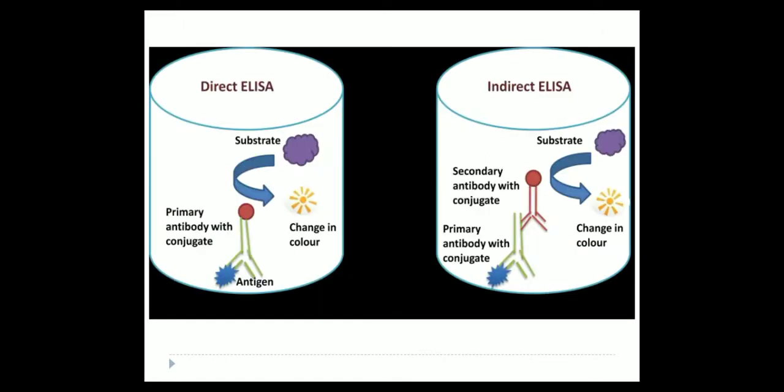Now let's see the comparative study of direct and indirect ELISA. In direct ELISA, as you can clearly see here, the antibody bound with the enzyme directly binds or interacts with the antigen. For indirect ELISA, the secondary antibody which is bound with the enzyme binds with the primary antibody, and this primary antibody binds with the antigen.